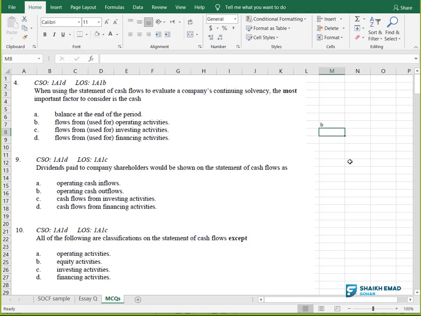Operating activities. Getting it? I mean, if you are selecting investing or financing activity, how that will help you to check the long-term paying ability of the company? Because in investing activity, you say how much we invested, how much we divested, right? In financing activity, how much you took, how much you repaid, that's it.